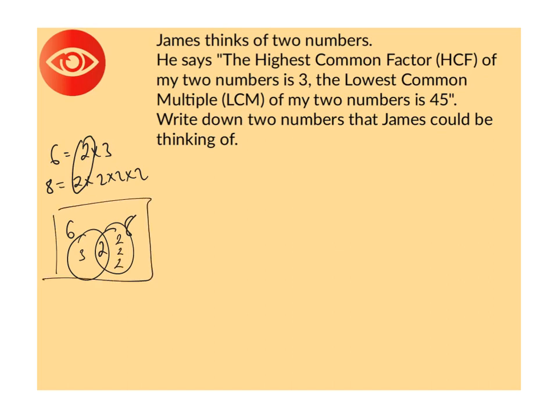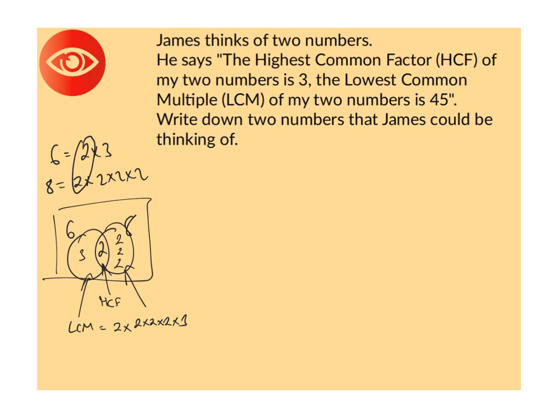And then to find the highest common factor, you'd look for what's in the overlap, and for the lowest common multiple, you'd look for these things multiplied together with the HCF. So LCM would be 2 times 2 times 2 times 2 times 3. That's all of the numbers in the Venn, and the HCF would just be the 2.